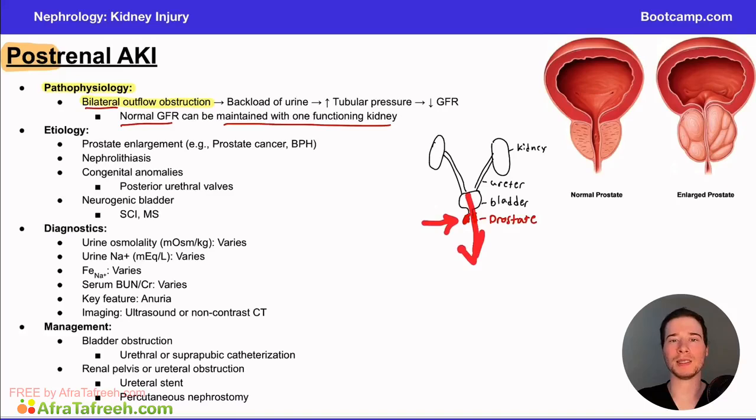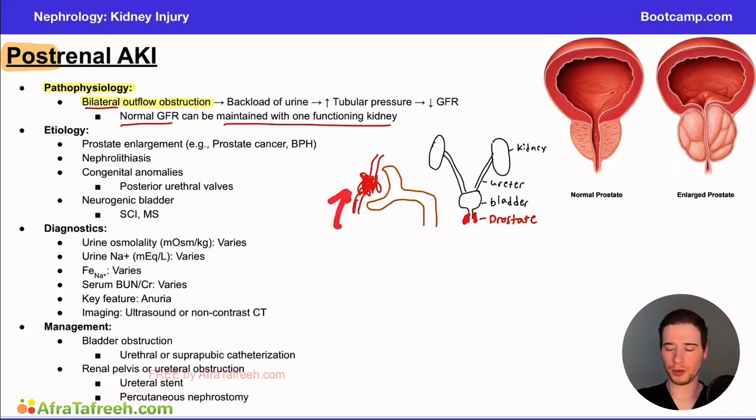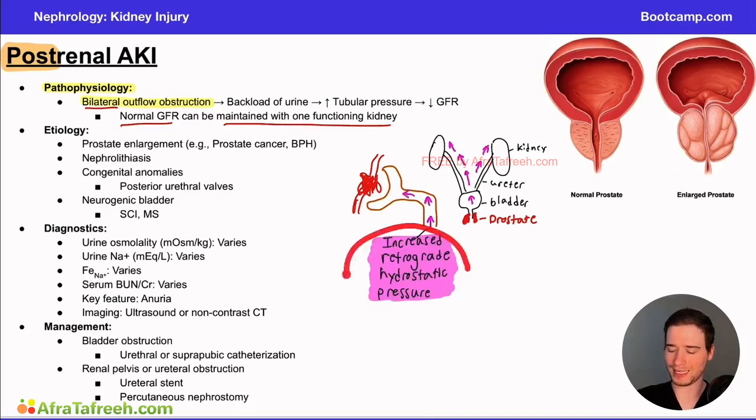And what happens is that we get a buildup of backwards pressure. So typically we know that blood enters through the afferent arteriole, and some of it is actually filtered, making up our GFR into the tubules. But if we have a downstream obstruction with an enlarged prostate, shown here, that pressure is actually going to be pushed back into the bladder, back up through the ureters, and ultimately into the tubules as well. And we refer to this as an increased retrograde hydrostatic pressure.